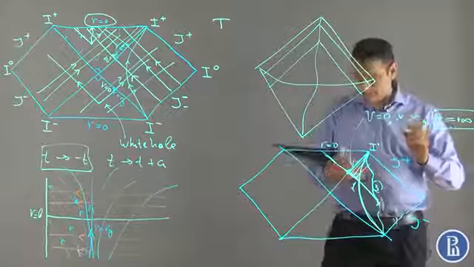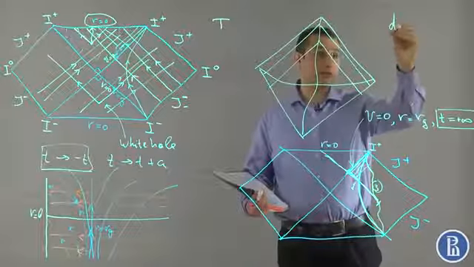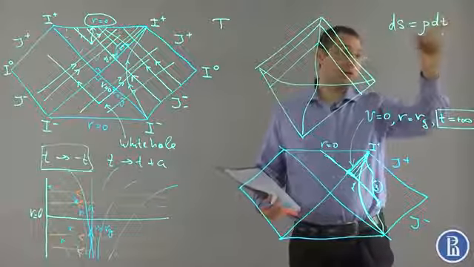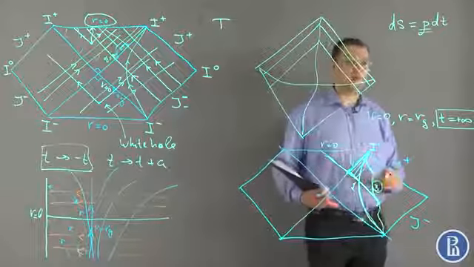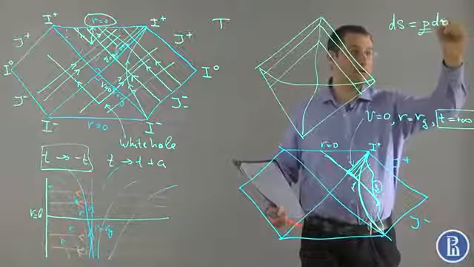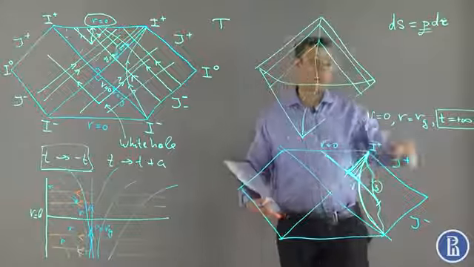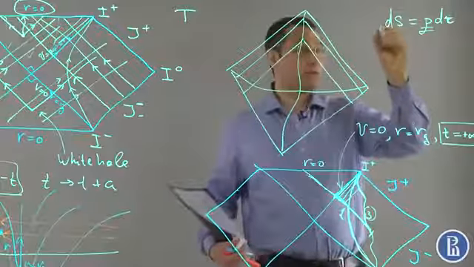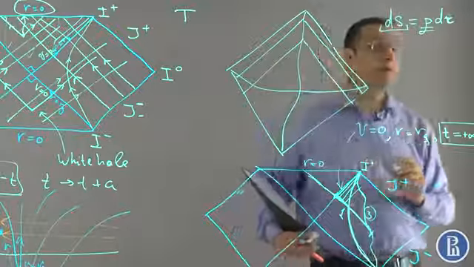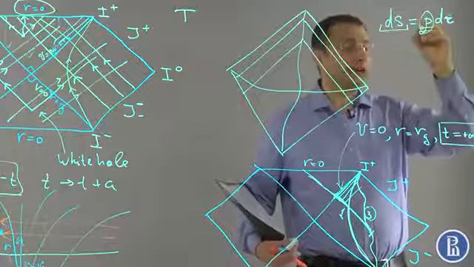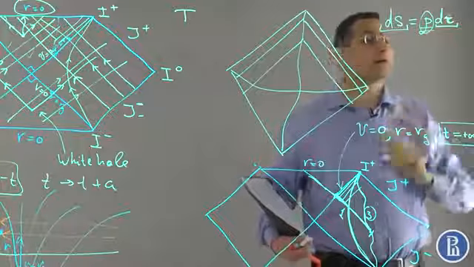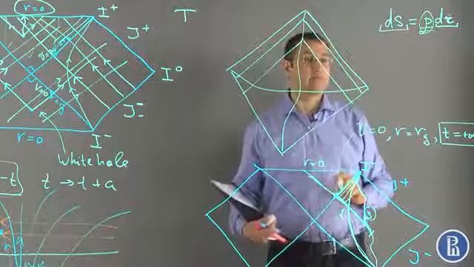So, in fact, it's similar to what we have encountered in Rindler space. You remember that rho equals 0 was the Rindler horizon. Finite amounts of proper time in the Rindler spacetime, as rho approached 0, corresponded to longer and longer amounts of the coordinate time, the Rindler time tau.